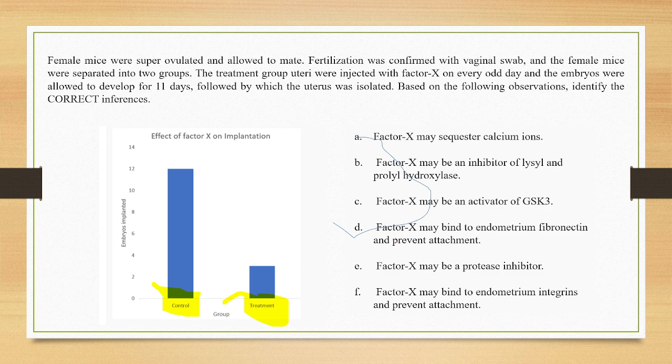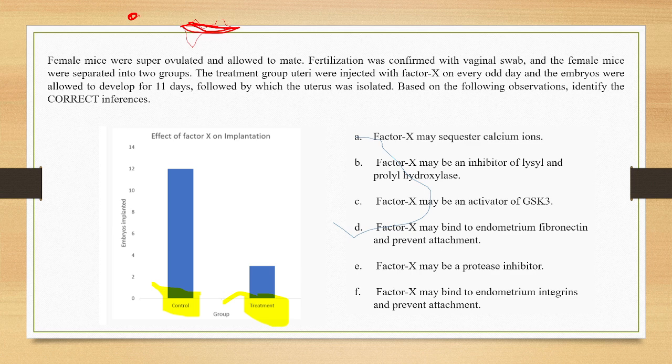Your epithelial cells are round in shape, whereas your mesenchymal cells are somewhat spindle in shape. So some spindle shaped cells are formed during the EMT process. And in the same remodeling process, lysyl and prolyl hydroxylase help in collagen formation, which helps in the remodeling of the extracellular matrix. So option B also becomes correct.